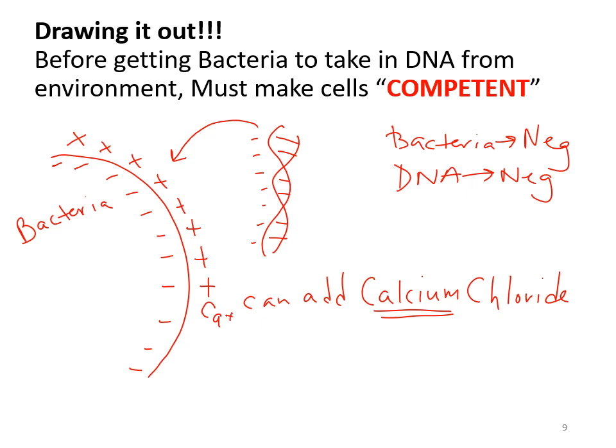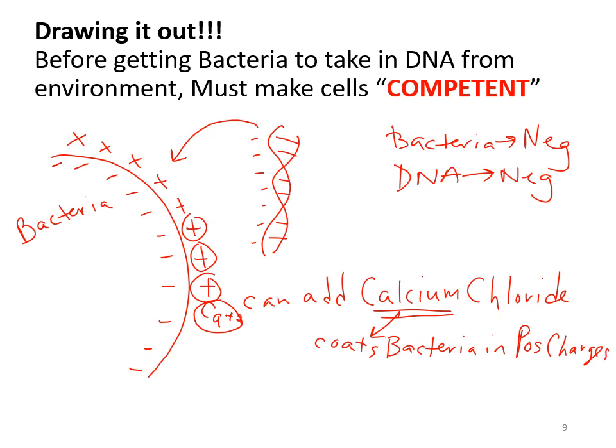So those calcium plus 2 ions coat the bacterial cell. Okay, that's all these plus charges that you see. Those are calcium ions coating the bacterial cell. Okay, so calcium coats bacteria in positive charges. And so we call that creating an ion bridge.